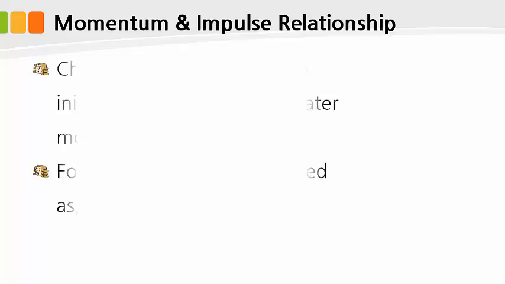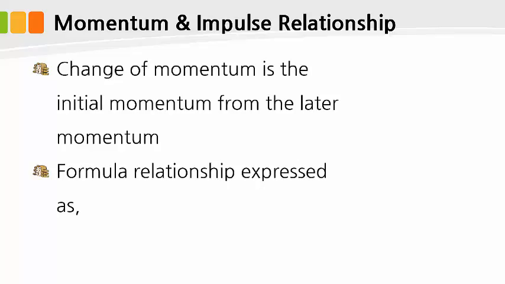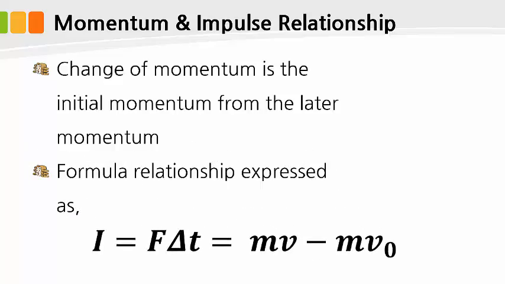The change of momentum is the value subtracting the initial momentum from the later momentum. Let's express the relationship of the two in a formula. Impulse means the multiplication of applied force F and applied time, change of t, and is also equal to the later momentum minus the initial momentum.